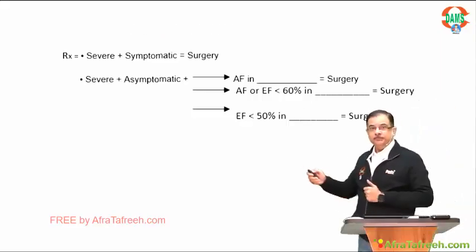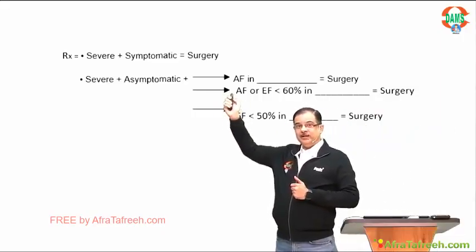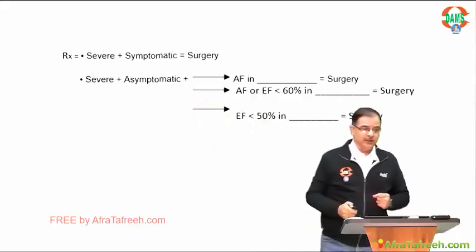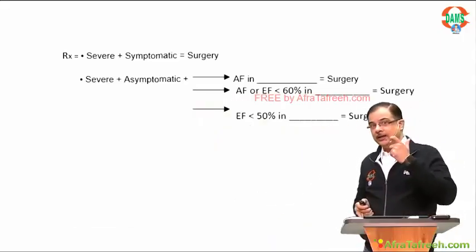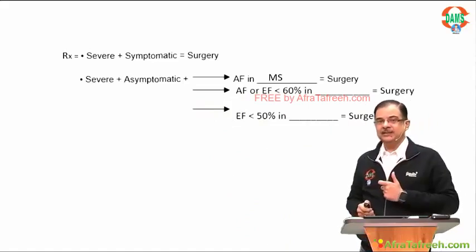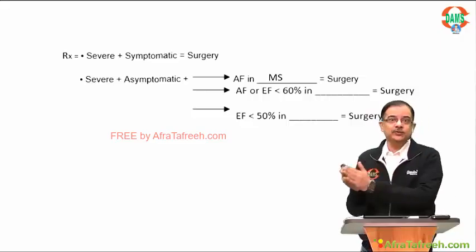While if a patient has severe but asymptomatic valvular heart disease, now there will be atrial fibrillation. If there is atrial fibrillation in an asymptomatic patient, so AF in MS, asymptomatic patient, severe valvular heart disease, go for surgery.